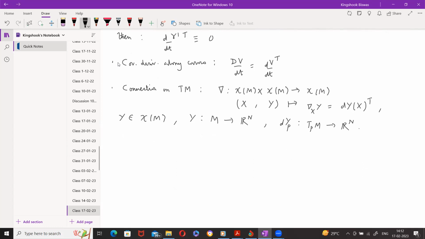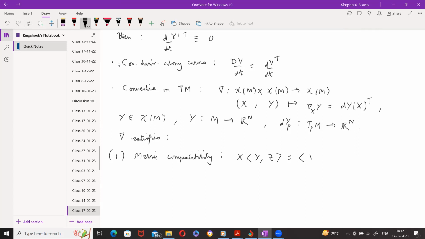And this satisfied two properties. So the main property is the metric compatibility, which says a vector field X applied to the inner product of two vector fields Y, Z on M satisfies the Leibniz rule.